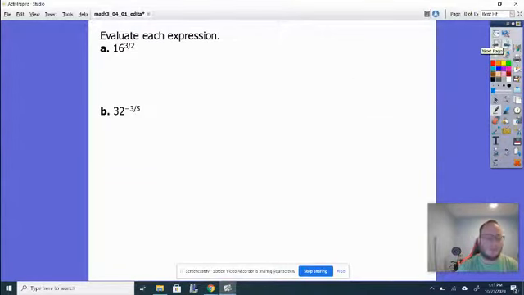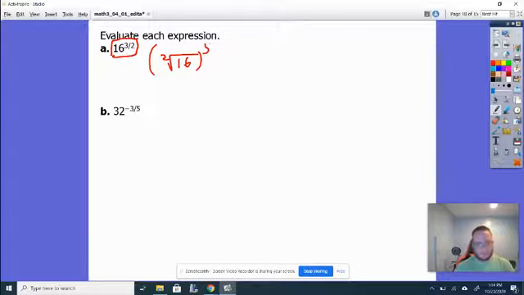Okay, so looking at this one, again, I wouldn't take this and just put it straight in the calculator, but let's go ahead and do it by hand without a calculator and make sure we can do that. So 16, we're going to do the square root and then cube it.